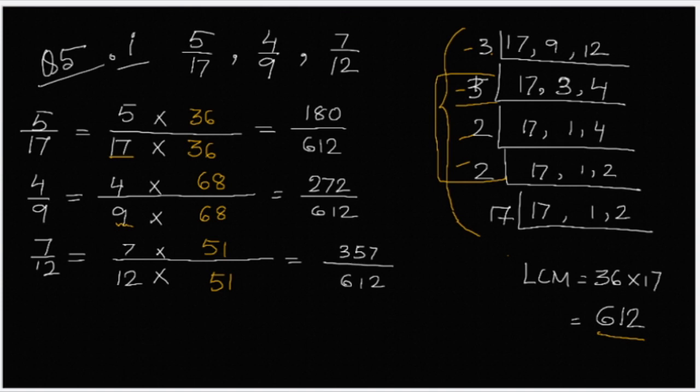Now in question number 5, you have been asked to arrange them according to the descending order. Descending order means from the highest to lowest. So which is the highest number over here? 357.